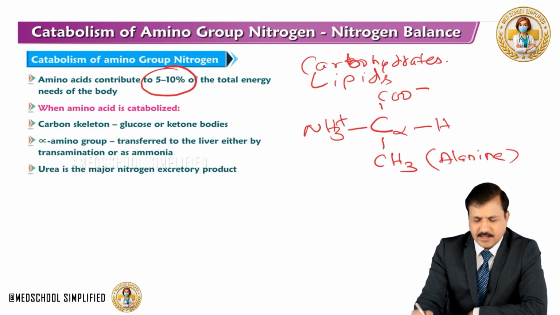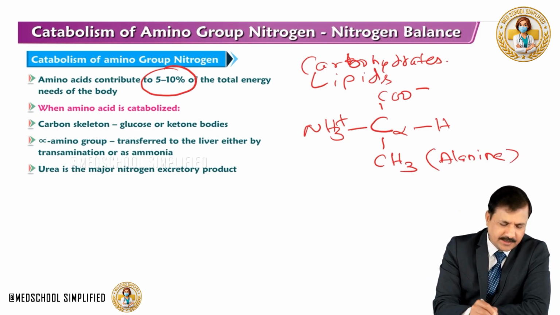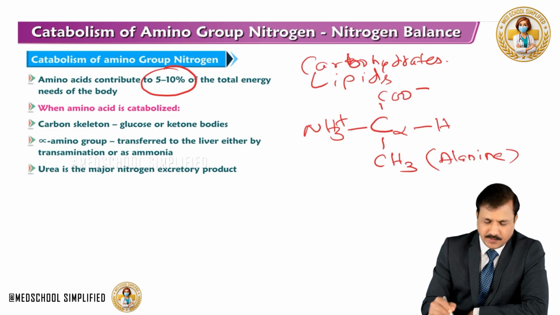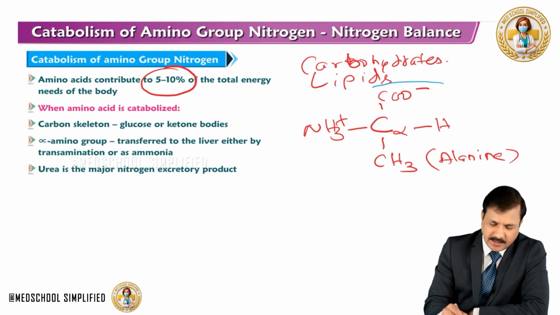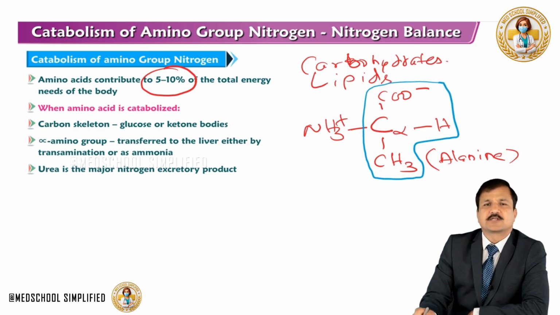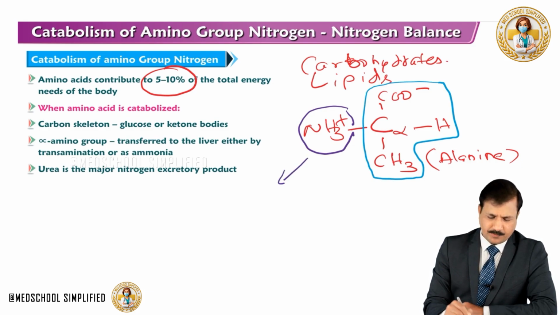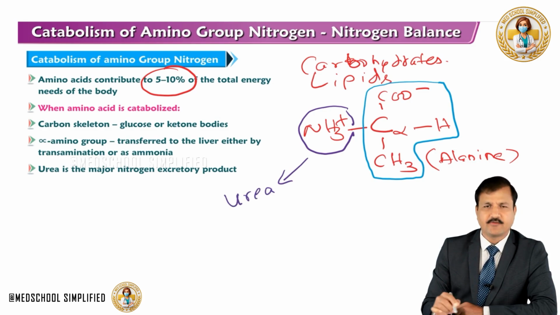Now when the alanine undergoes degradation, a carbon skeleton is separated from the amino group. So I am going to separate the carbon skeleton by boxing it separately. Okay, here is the carbon skeleton. So when the amino group is separated from the carbon skeleton, this amino group is directed into urea formation.